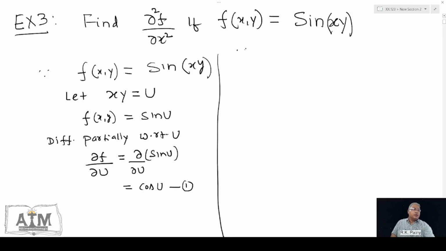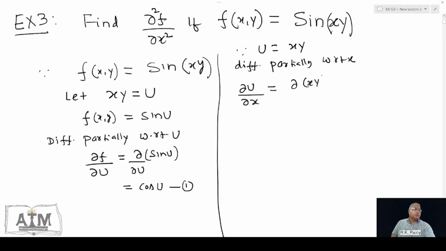After that, since u equals xy, differentiating partially with respect to x, dou u by dou x equals partial differentiation of xy with respect to x, which equals y multiplied by 1. The partial derivative of x is 1 and y is constant.